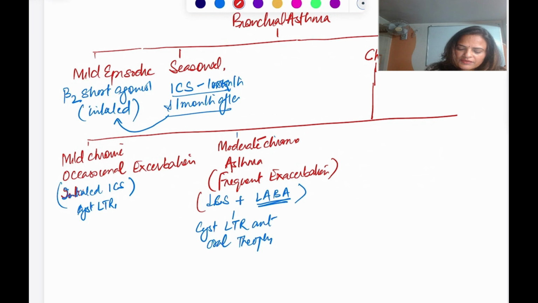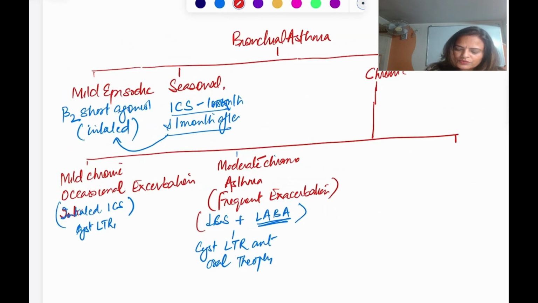Then if the patient has severe chronic asthma, then what to give? With severe chronic asthma, again the same thing, inhalational corticosteroids with a long acting beta agonist, give this.